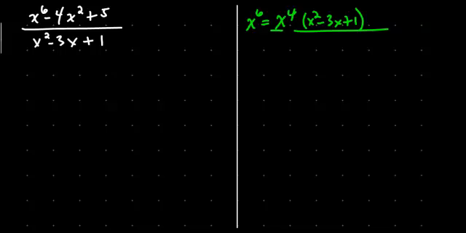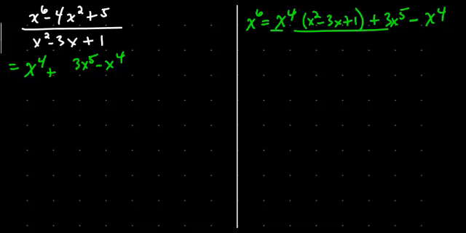Okay, and so I need 3x to the 5th, so I need to subtract off the x to the 4th. Okay, so over here I'm going to go ahead and cancel that and skip that step. So that's going to leave me with x to the 4th plus 3x to the 5th minus x to the 4th.